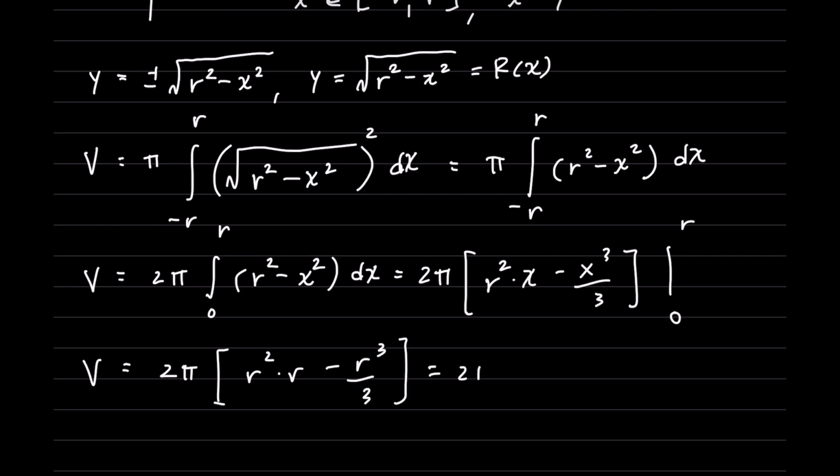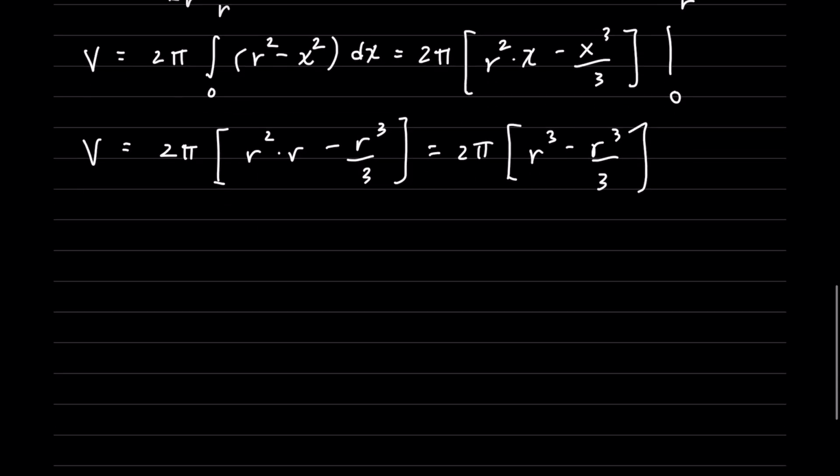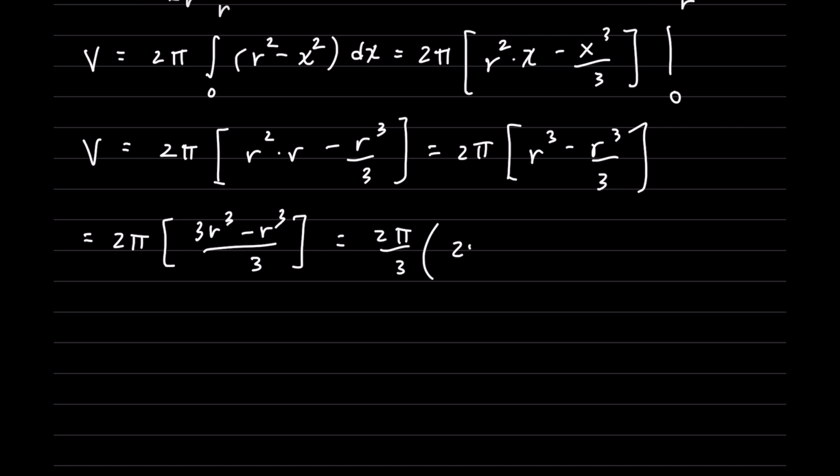So we have 2 pi times r cubed minus r cubed over 3. So we have 2 pi times 3r cubed minus r cubed over 3. So we have 2 pi over 3 times 2r cubed. And so this yields 4 pi over 3 times r cubed.